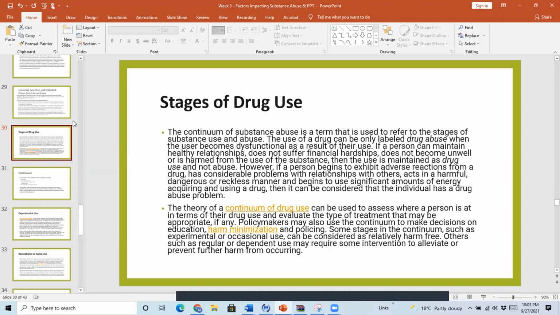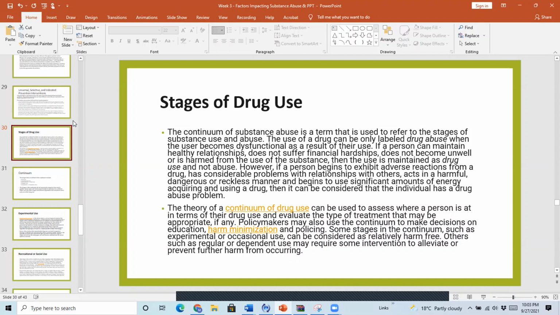And they make a decision based on education, harm minimization, policing, and all of these things, all of these policymakers that have developed this theory and this idea of treatment opportunities and whatnot.